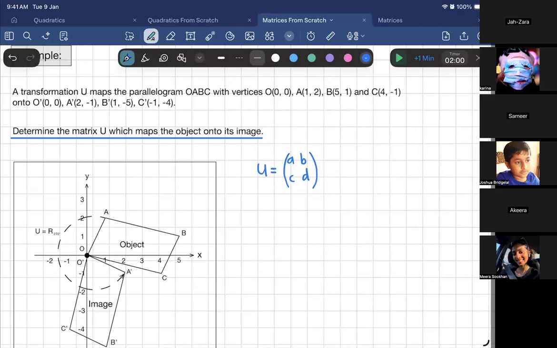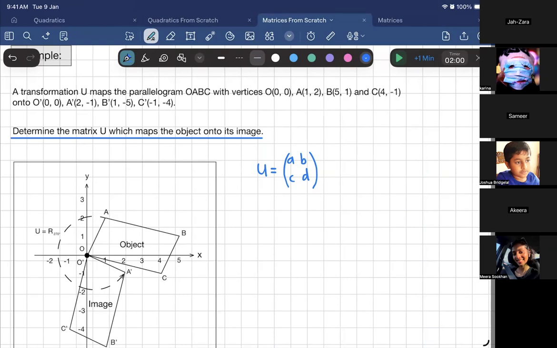Remind me, guys, what was the magical equation you'd use to go from the object to the image? There was an equation I would have told you all to remember, and you'd use the equation to apply the transformation to the object to give you the image.